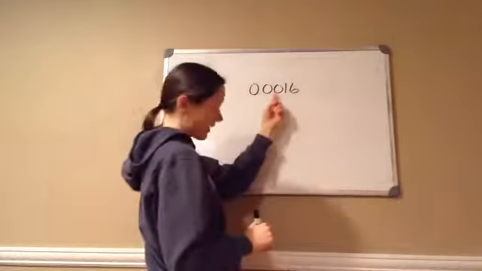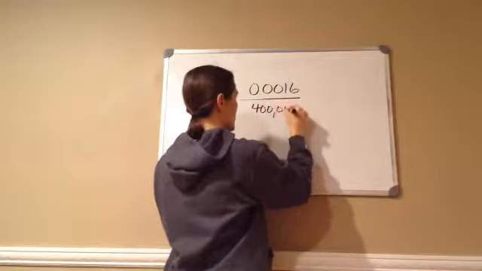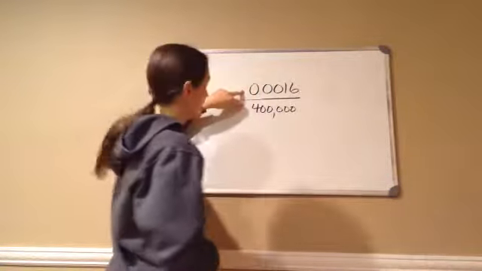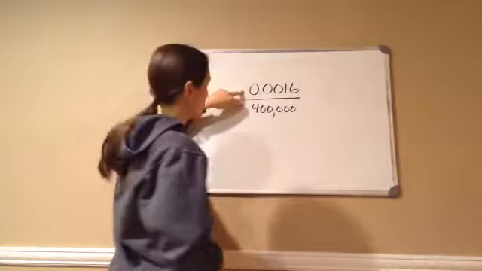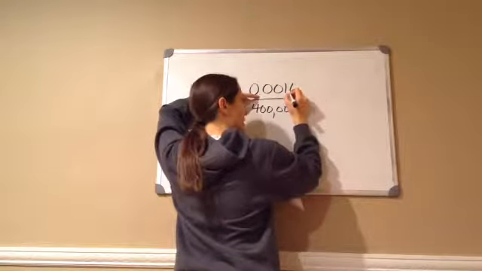They want us to divide this by 400,000. Okay, now remember, the very first thing you want to do is make these both into scientific notation. So, this is my standard number, and I want my decimal to be here.